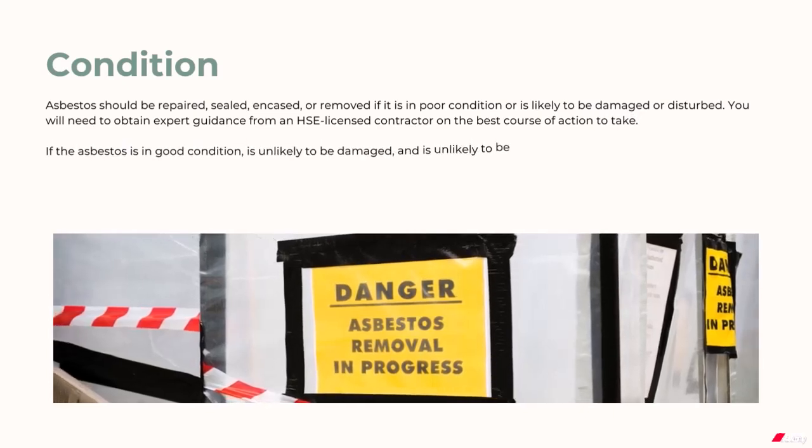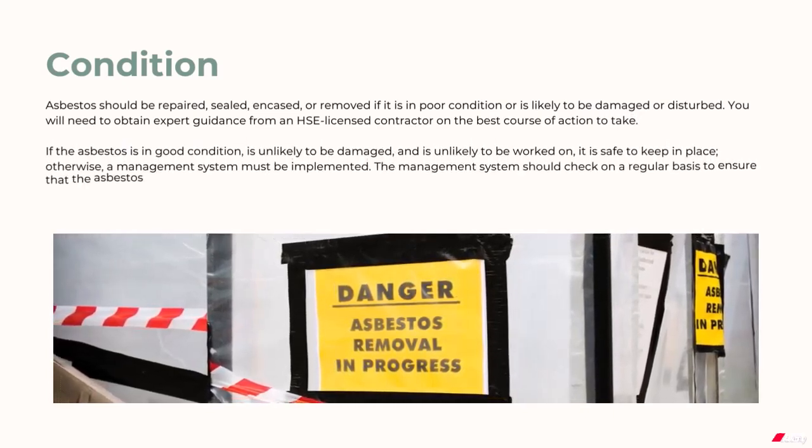Condition. Asbestos should be repaired, sealed, encased, or removed. If it is in poor condition or is likely to be damaged or disturbed, you will need to obtain expert guidance from an HSE licensed contractor on the best course of action to take.